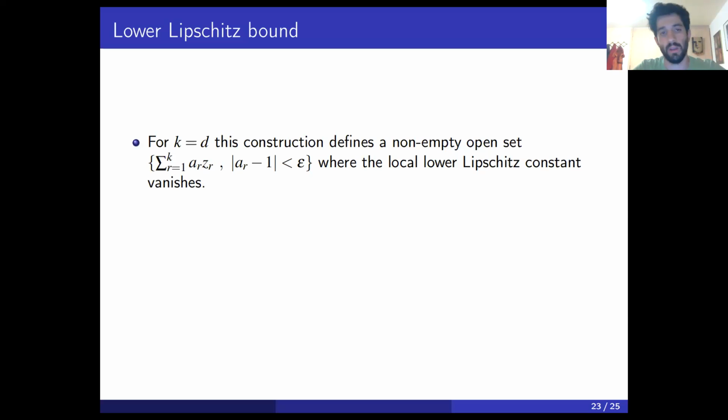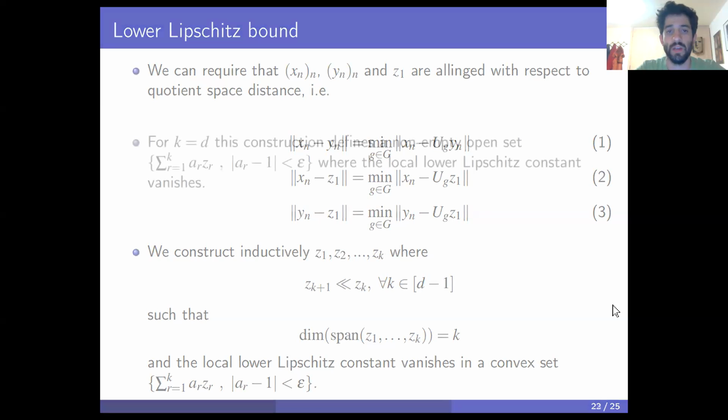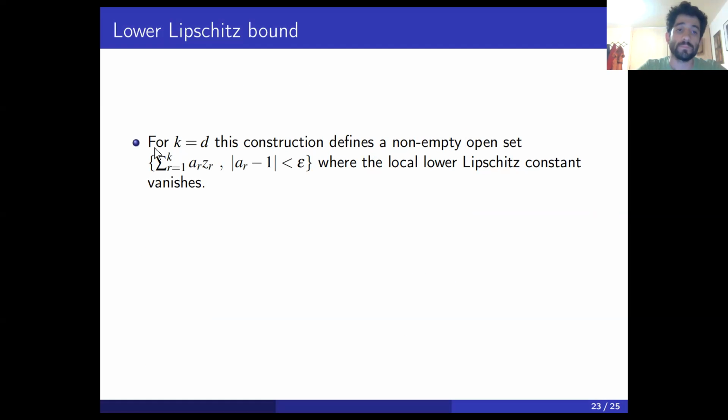But now recall from the previous slide that the vectors z1 to zk are linearly independent. So that means that this convex box is an open set in our space. So for any point of this open set, we can find two sequences that converge to this point, and their lower Lipschitz constant vanishes.